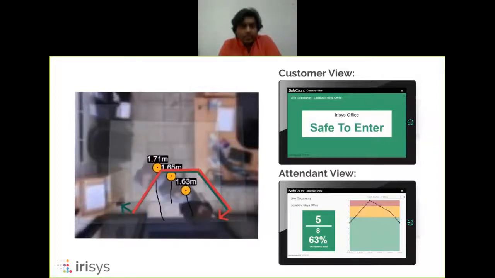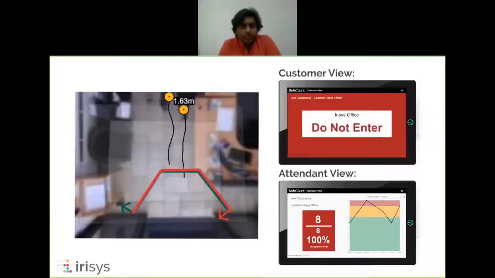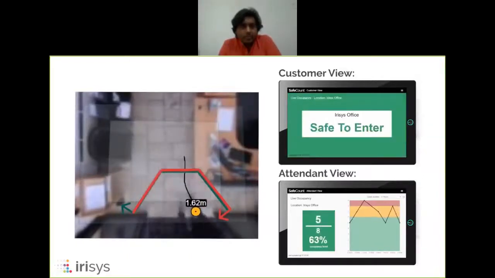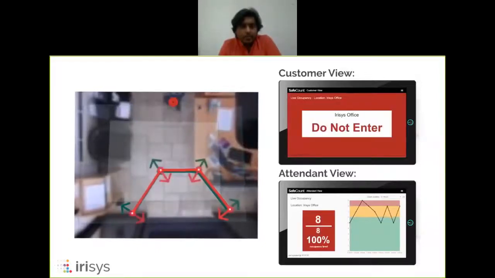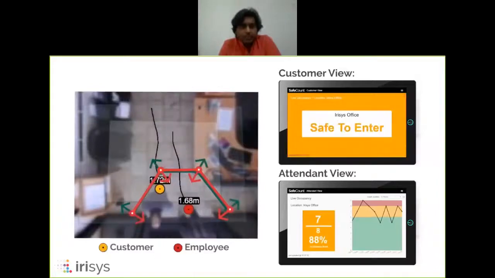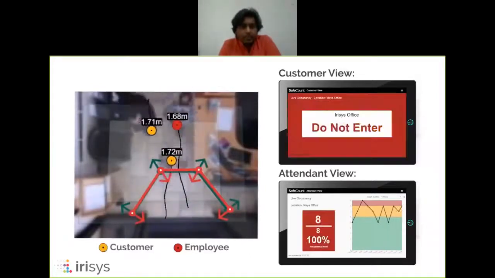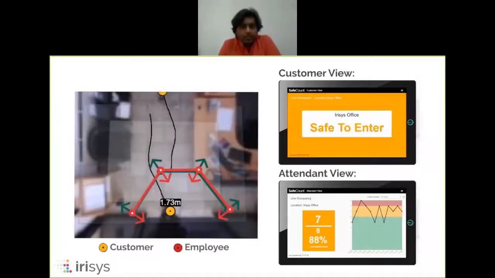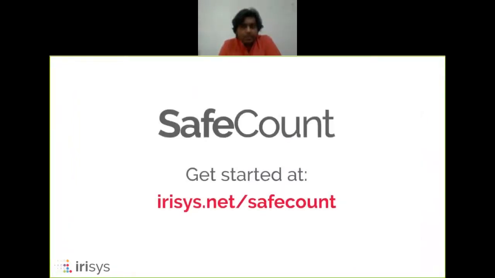SafeCam even works accurately when people don't follow social distancing guidelines and enter extremely close together. SafeCam also has advanced staff detection functionality that can exclude staff from the live occupancy count. Get started with live occupancy data from SafeCam and help keep your customers, visitors, and employees safe.